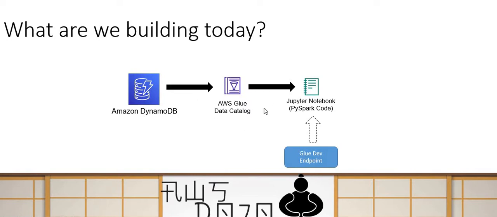Then we are going to catalog this data, so we'll have a Glue catalog for this DynamoDB table. I have also created a Glue developer endpoint, which we are going to use as a PySpark environment for the development, and then I will use a Jupyter notebook where I will write PySpark code to do this whole development.